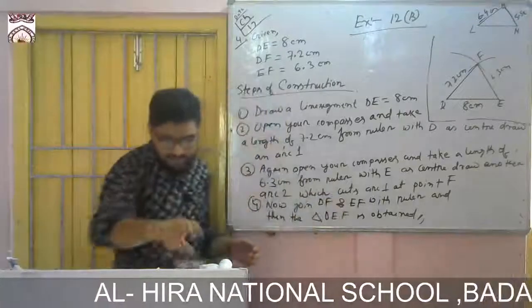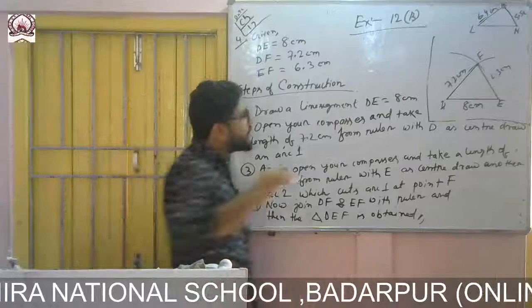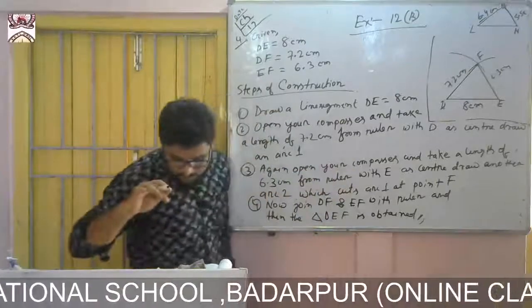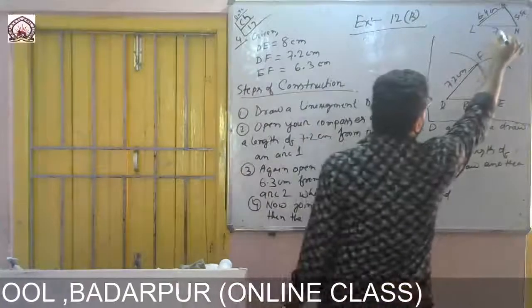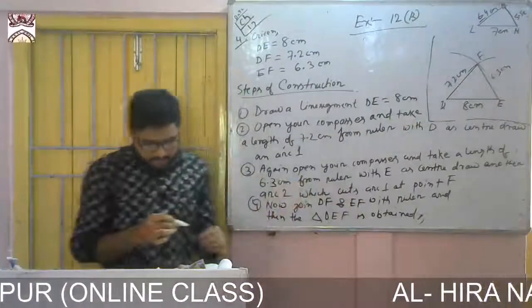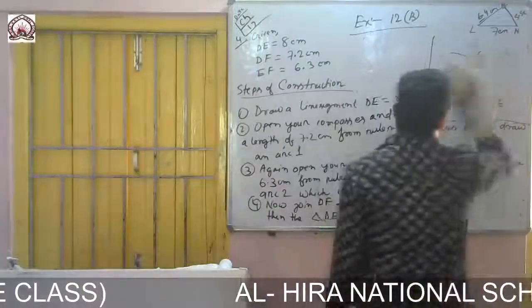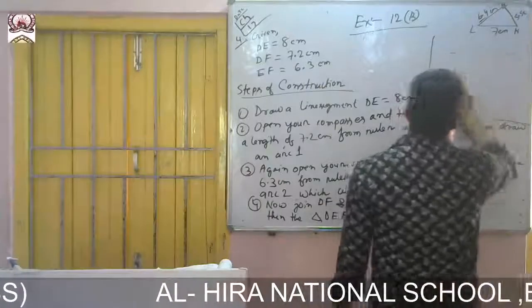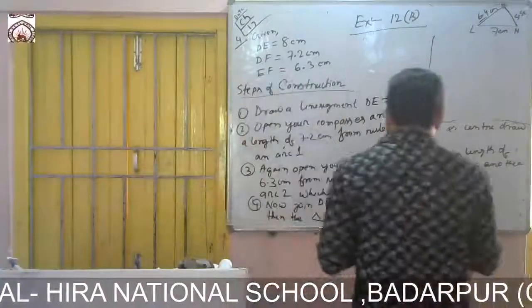LN is given as 7 centimeter, 5.5, 6.4. Now you erase this one. Then take LN 7 centimeter.